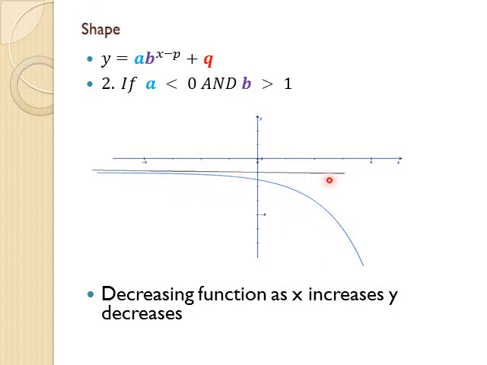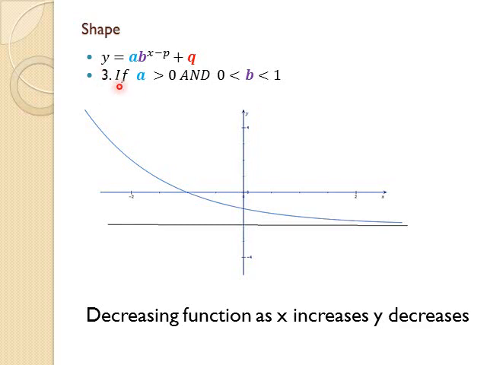This line that you see there that's drawn, that is the line the exponential graph is not allowed to touch. That is normally related to the q value, but I'll show you that when we solve the problems. This is called a decreasing function. See, my x values as I go towards the right is increasing, but my y values are decreasing. So x increases and y decreases, therefore it's called a decreasing function.